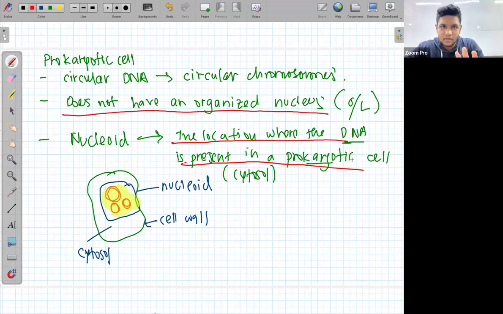I have not yet gone to the process of DNA packaging. These are the words we will be going through. Now, is this part clear? If this is clear, we can go to the DNA packaging part in prokaryotic cells.